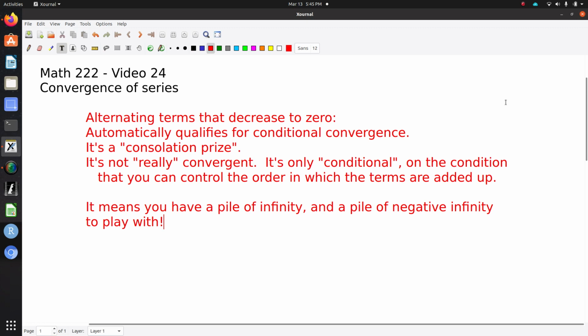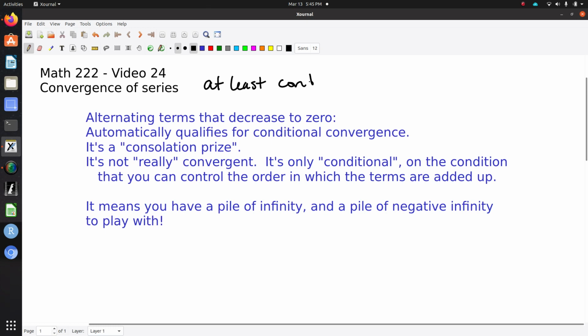You can also come to the conclusion that you can say the phrase at least conditionally convergent. And that means you've demonstrated that it at least qualifies for the conditional convergence, but you haven't positively eliminated the possibility that maybe it converges in its own right. And that's okay. That phrasing gives a little bit of information, and you're not claiming more than you know.